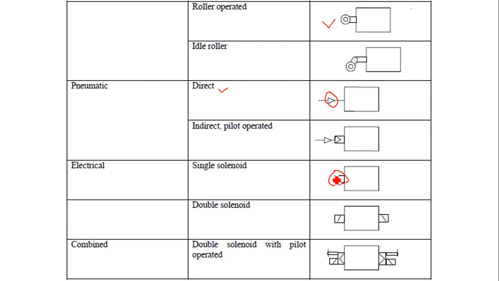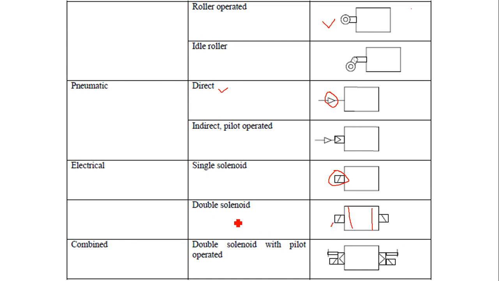So this is left, so single solenoid, this is double solenoid. If this is activated, the spool will be shifted on left. If this is activated, spool will be shifted on right. And normally it will stay there unless the other solenoid is activated.